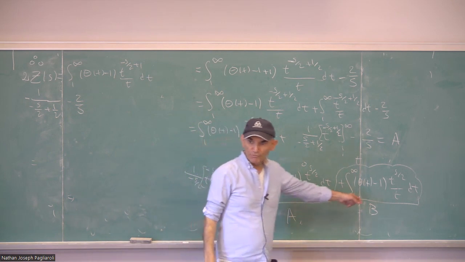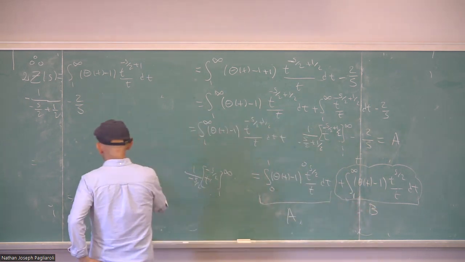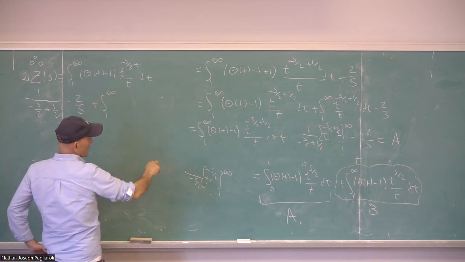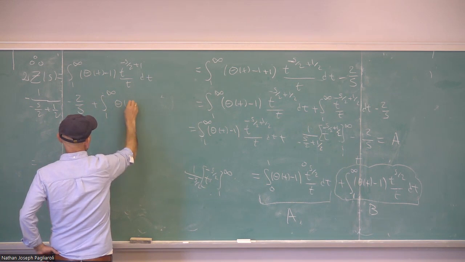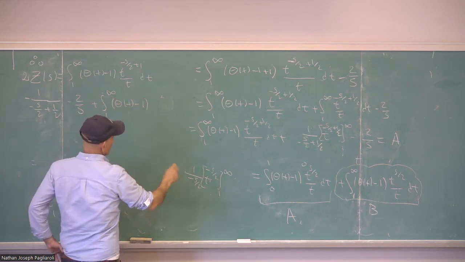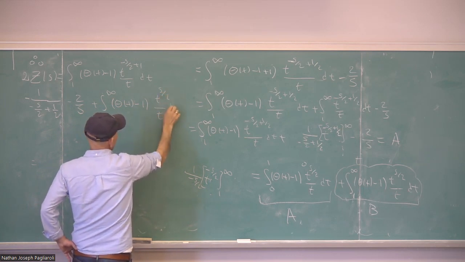And we should not forget about the other part, plus this term: the integral from 1 to infinity of theta of t minus 1 times t to the s over 2 over t dt.